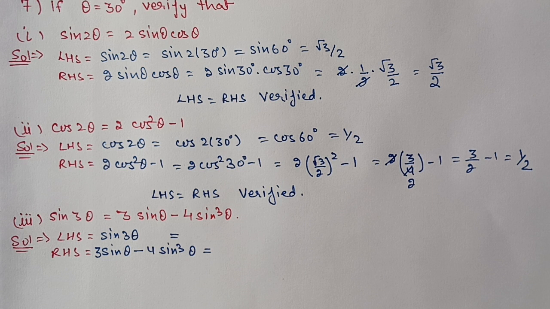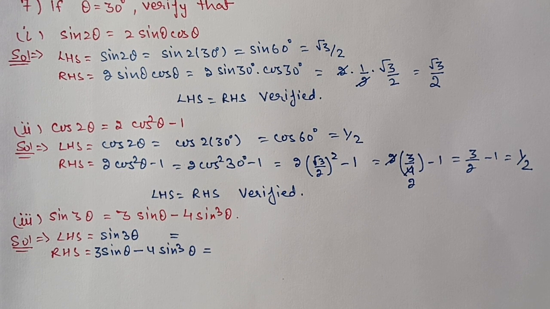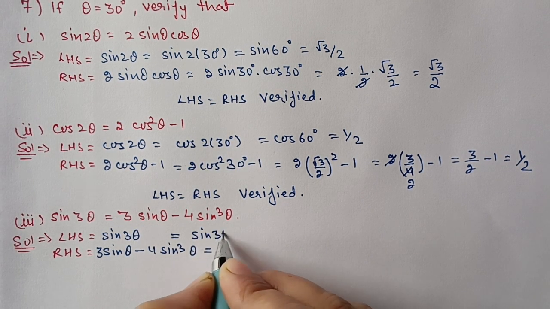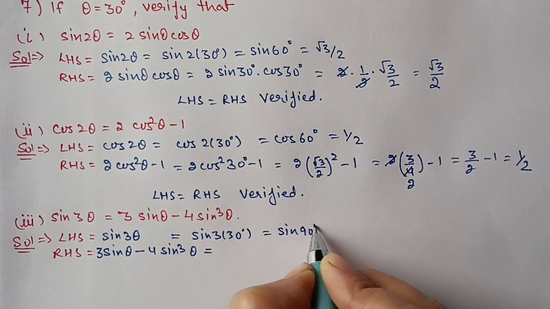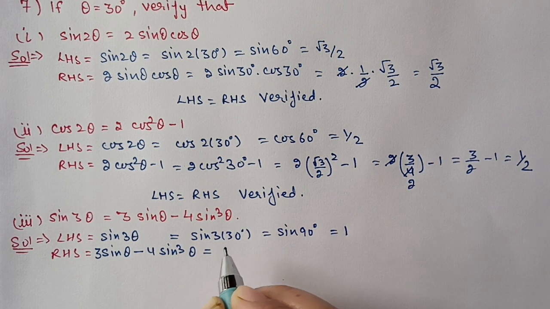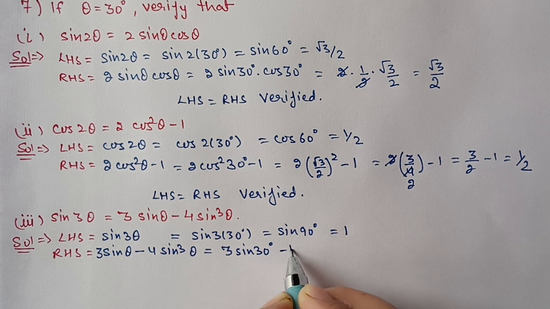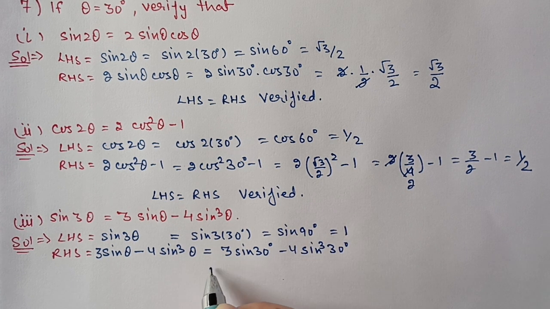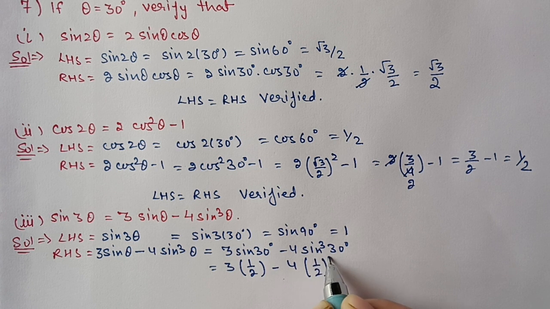Next, third part: sin 3 theta is equal to 3 sin theta minus 4 sin cube theta. First take the left side and substitute the value. Sin 3 into 30 means sin 90, and sin 90 value is equal to 1. Now the right side, 3 sin 30 minus 4 sin cube 30. Sin 30 value is 1 by 2, minus 4 into 1 by 2 whole cube.